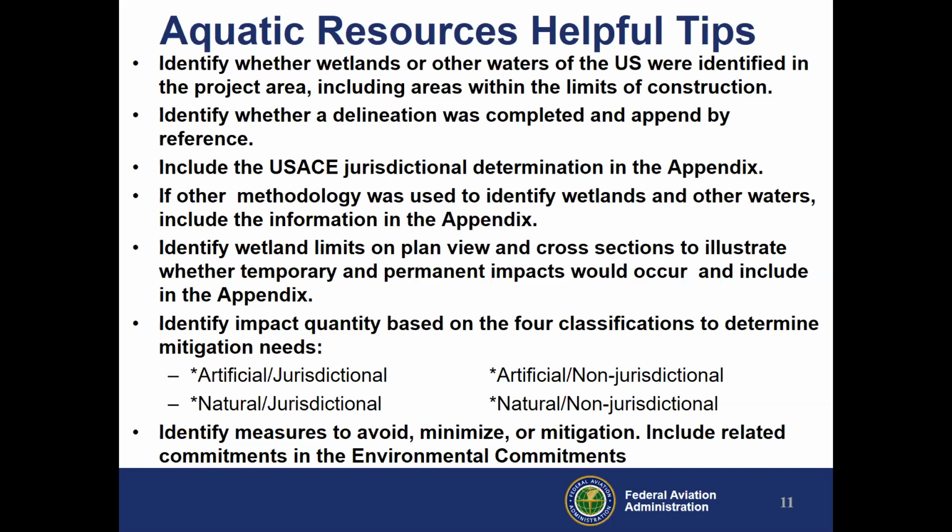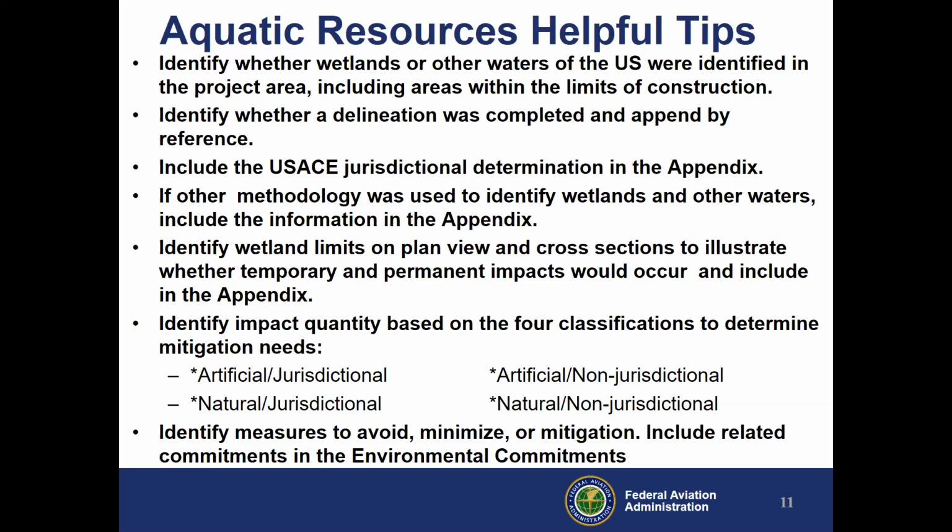Identify wetland limits on plan view and cross sections. We want to really be able to see how you're determining the temporary and permanent impacts as you're preparing your plans or impacts related to NEPA. And I, again, speak to the 4 different classifications. Here they are: artificial jurisdictional, artificial non-jurisdictional, natural jurisdictional, and natural non-jurisdictional.